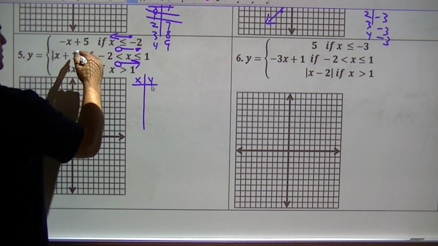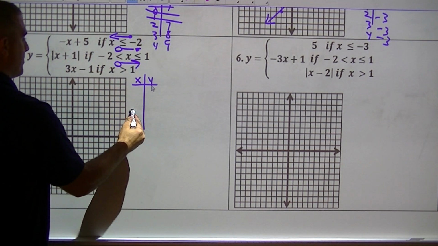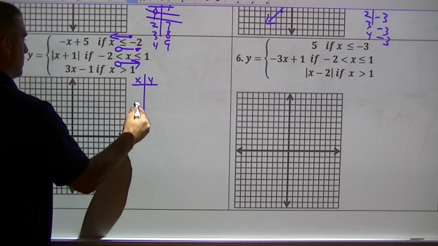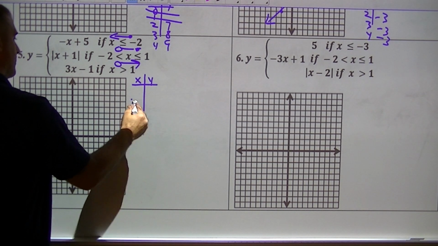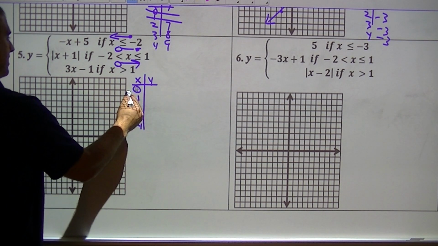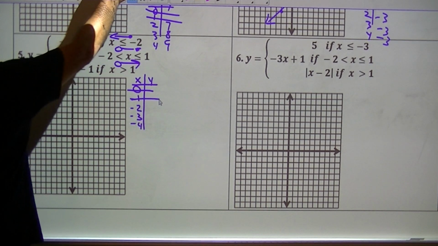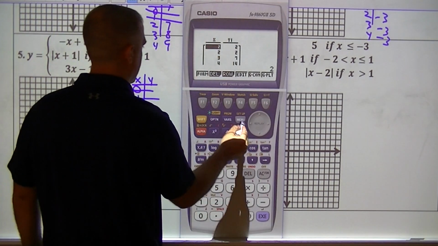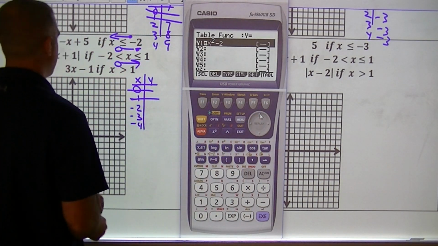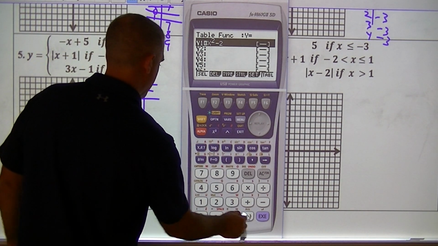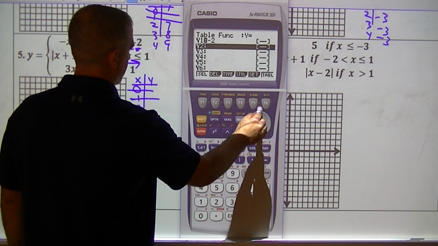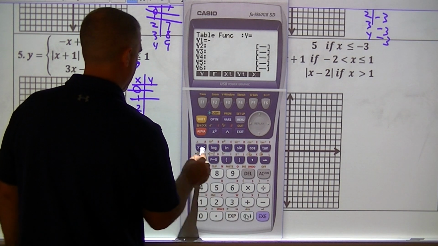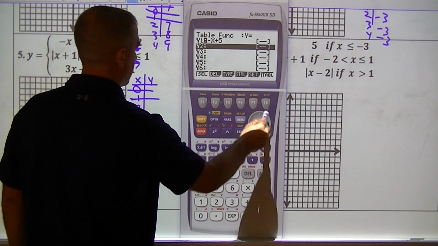All right, so since this is a line, I'm going to build this off of -2. So -2, -3, -1, and 0. It's got to be less than, so those two are out. Okay? -2. Oops, I'm sorry. -x plus 5.